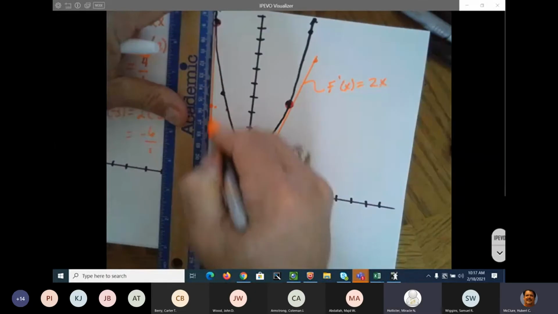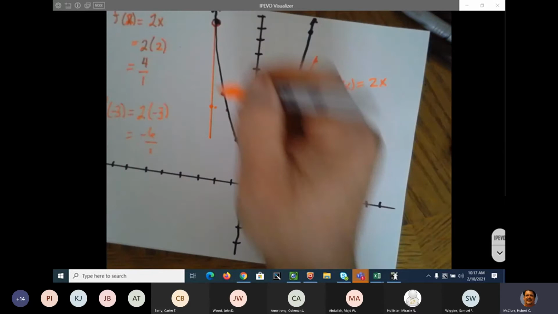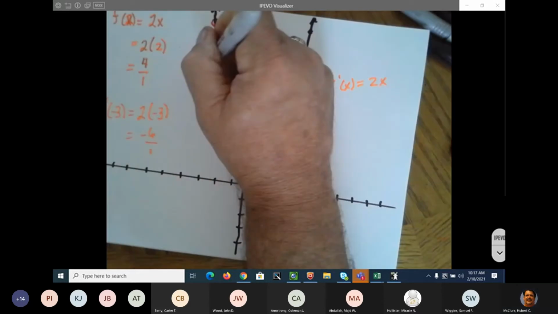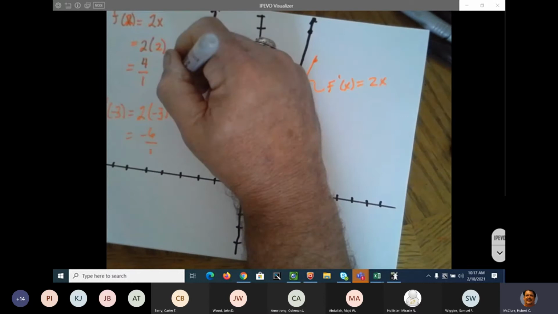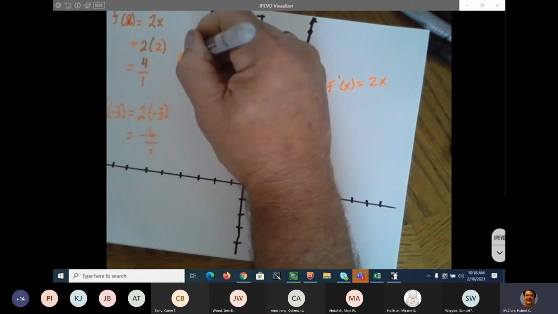And that is the tangent line. Actually, it goes on up. That is the tangent line at that point. And f prime of x is equal to 2x. That's the equation of this line. Okay?